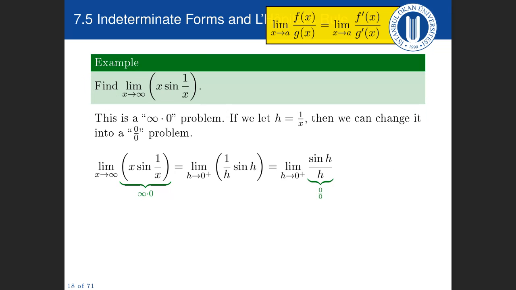Okay, so just like when we do substitutions in a definite integral, we need to change everything. We need to change all of the x's to h. x sine 1 over x becomes 1 over h sine h. But we also need to change what we write underneath the limit. If x tends to infinity, what does h tend to?